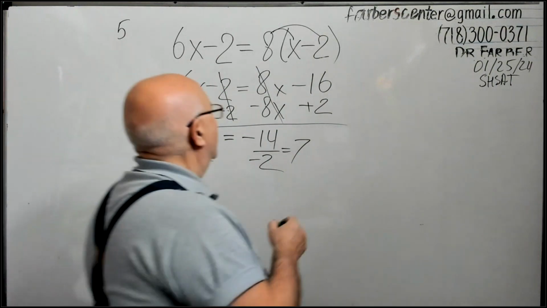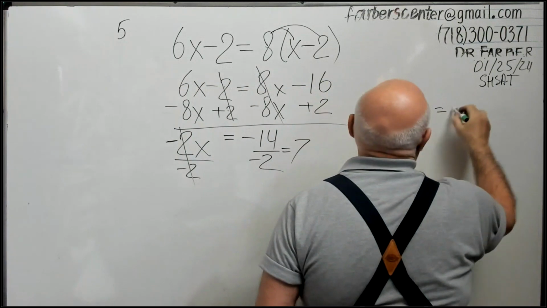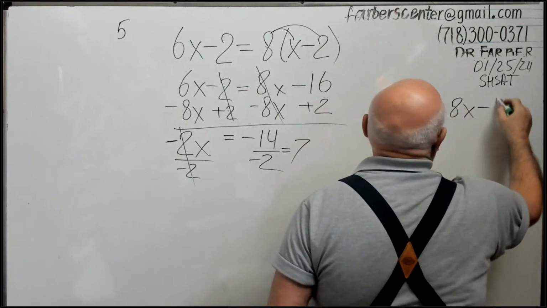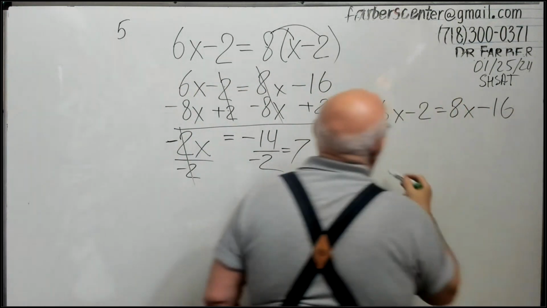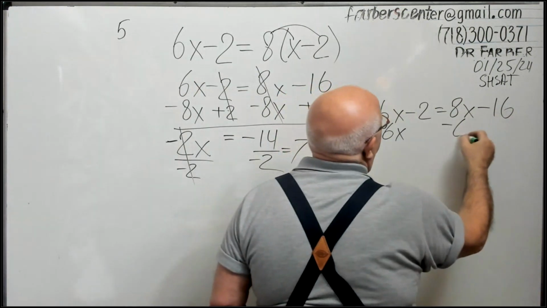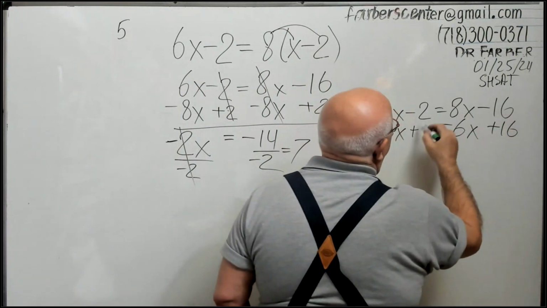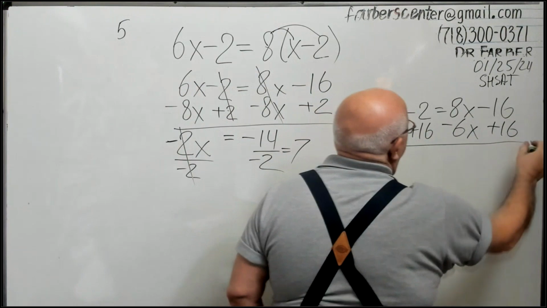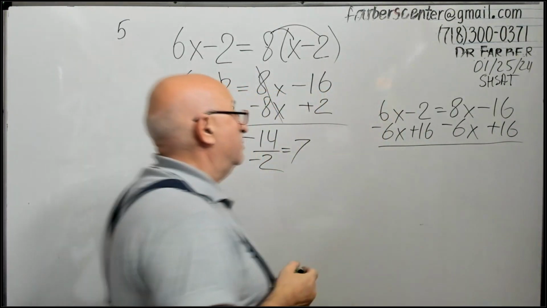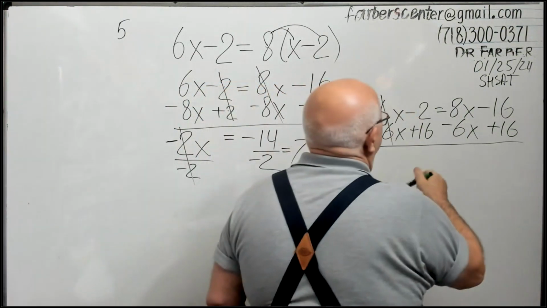You can do, let's say, 6x minus 2 equals 8x minus 16. You can do a different way, slightly different. Minus 6x and minus 6x, plus 16 and plus 16. It's not necessary to have variables on the left part. It can be any part, just separate variables. Cancel out.